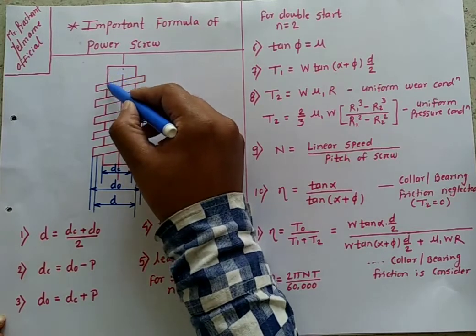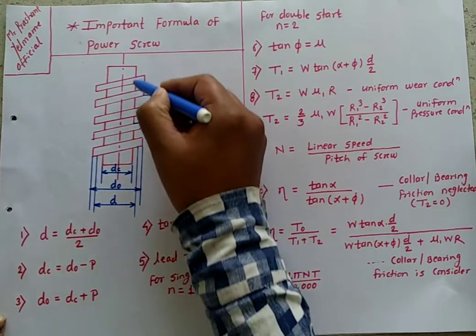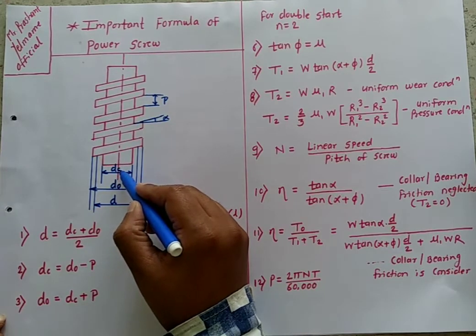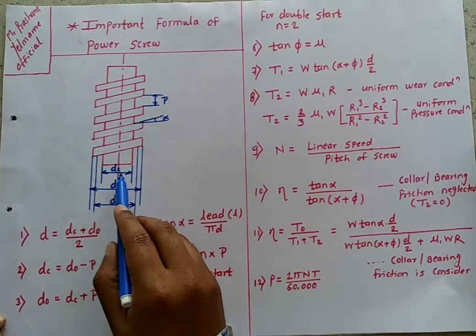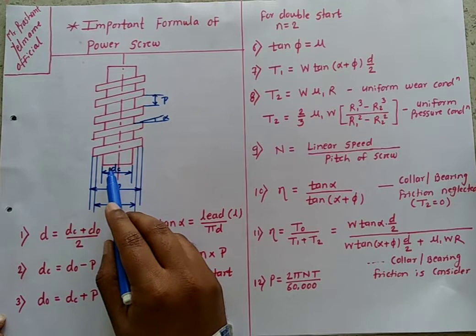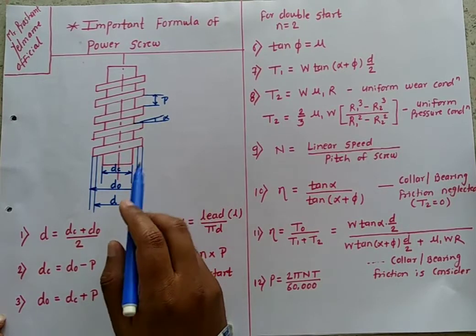This is the main or smallest diameter, which is represented by Dc, that is nothing but core diameter. C represents core and d for diameter, so Dc is core diameter.